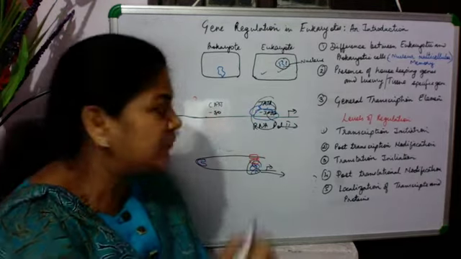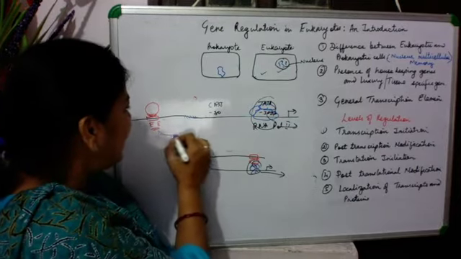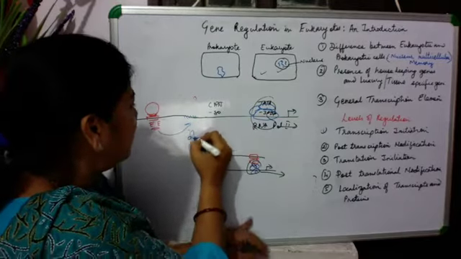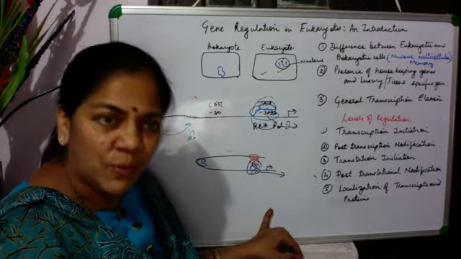Now, another question that arises is, if the enhancer element is situated so far off from the gene, and suppose there is another gene in between over here, will this enhancer influence this gene? And the answer is no. Why?